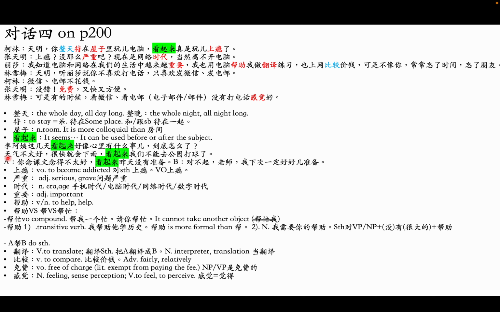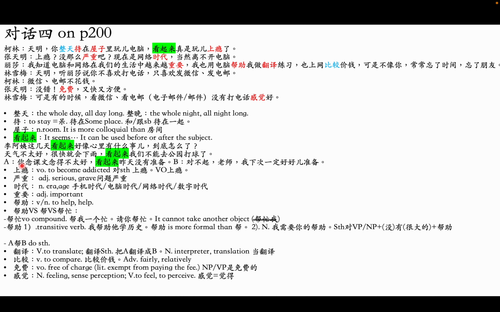Like this example. 天气不太好很快就会下雨看起来我们不能去公园打球了 The weather isn't very good. It will rain soon. It doesn't look like we'll be able to play ball in the park anymore.